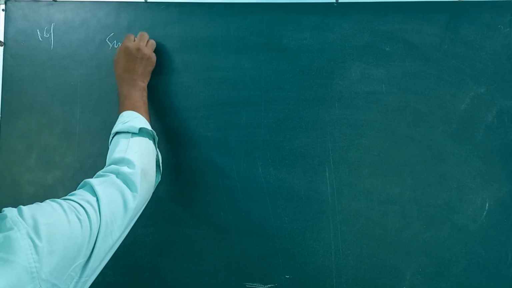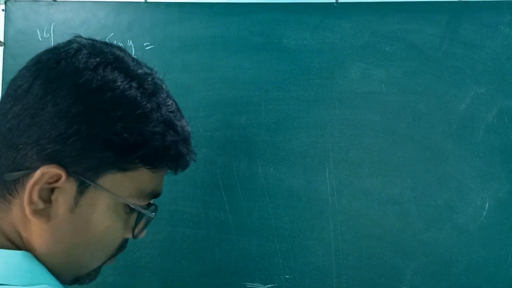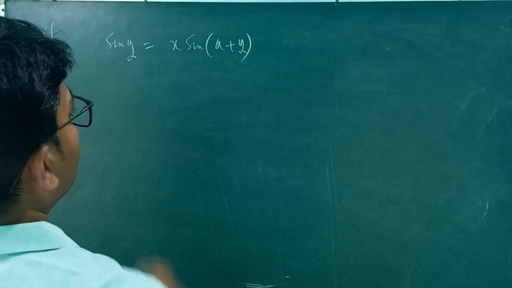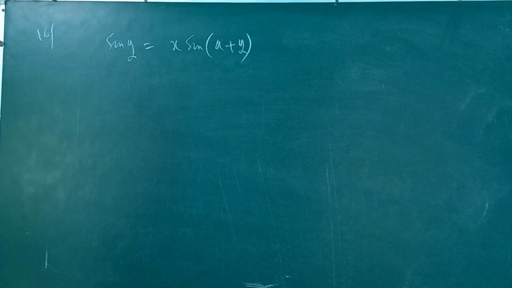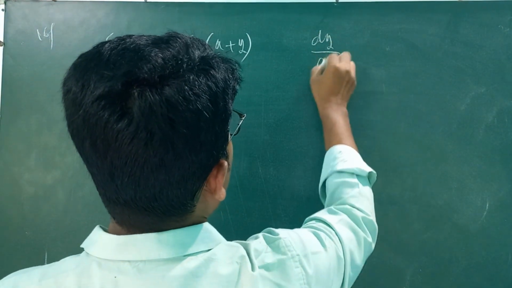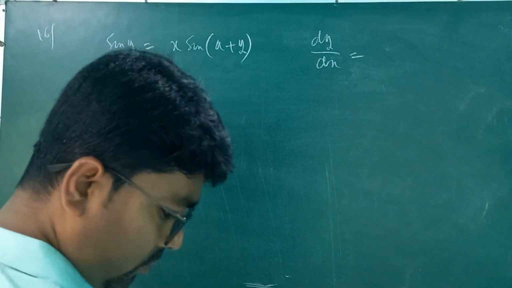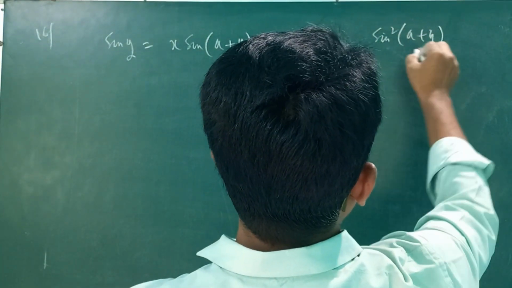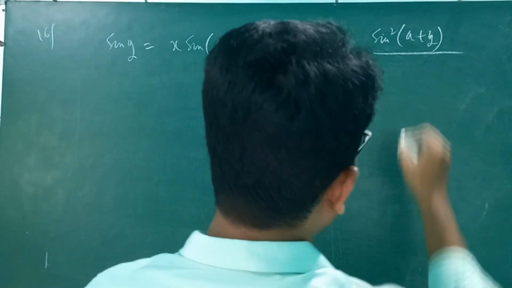Sin y equals x sin(a plus y). You have to prove dy by dx equals sin squared (a plus y) by sin a.